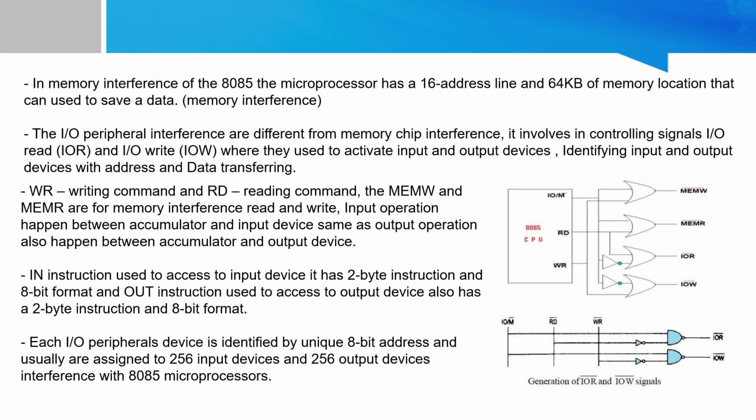The I/O interfacing is different from memory interfacing. It involves control signals I/O read, IOR, and I/O write, IOW, where they use two active input and output devices to identify input and output devices with address and data transferring.